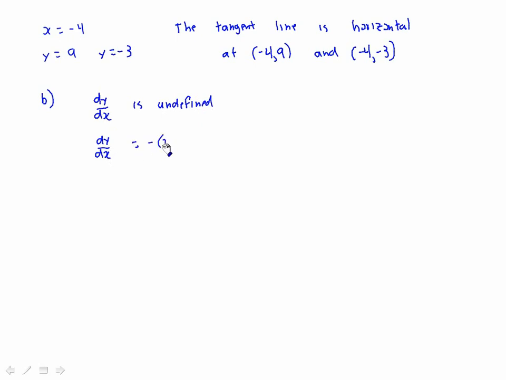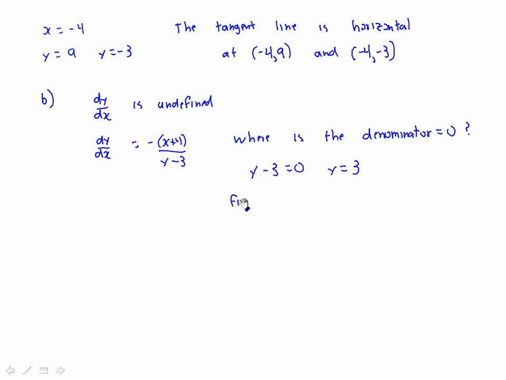Seeing as you've got negative x plus 4 over y minus 3, the question would be, where is the denominator equal to 0? So y minus 3 equals 0, and you'll get y is equal to 3.